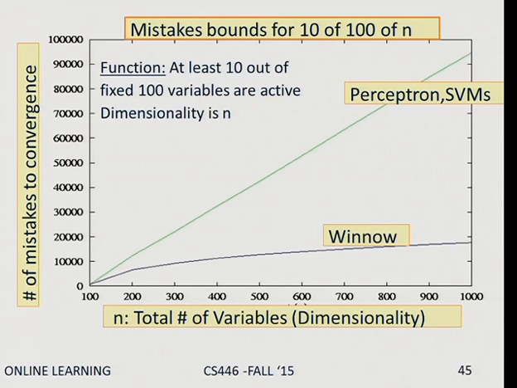And this is the type of performance you will see in terms of cumulative number of errors. We know Winnow is going to behave much nicer than perceptron or SVM, which scale linearly with n. Of course, you can change it according to the analysis that I showed the slide before and make perceptron behave better.